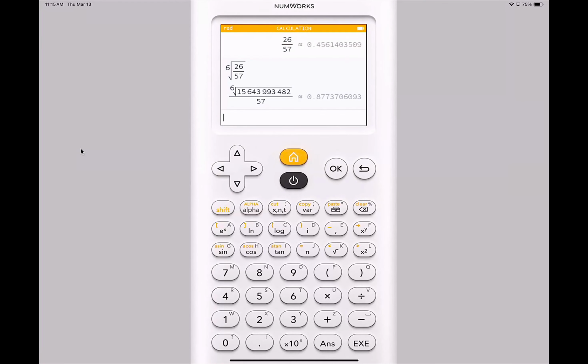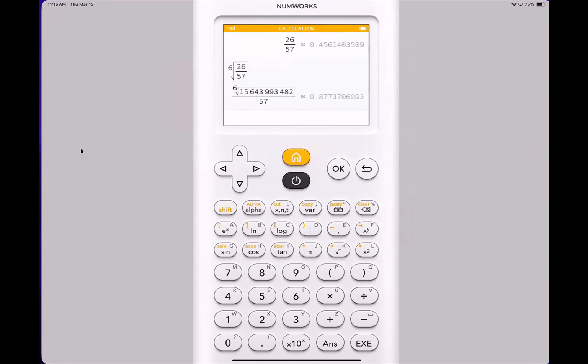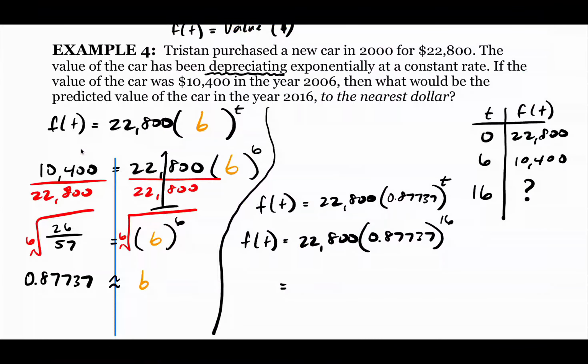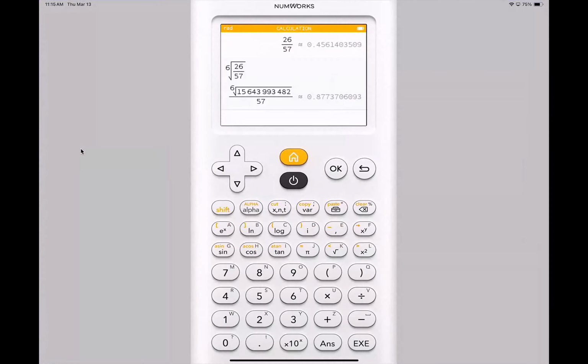So I'm going to go back to my calculator. 22,800 is the initial amount. So 22,800 parentheses, but I don't want to round. I want to use my previous answer to the 16th power. So it's $2,811.02.